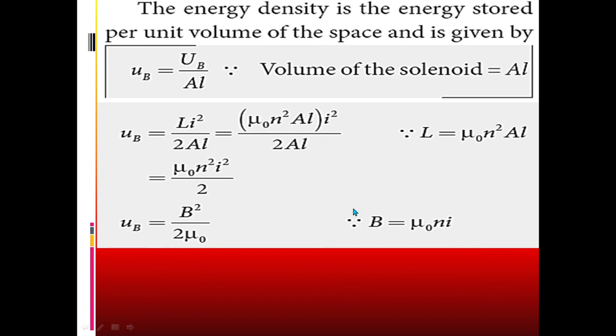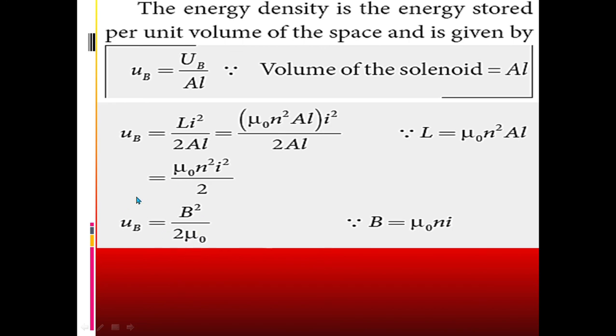Already we know the formula for B, the magnetic field, is equal to mu naught n I. Here we have mu naught n square I square, so this can be written as B square, but here there is only one mu naught, so we divide by mu naught. So small u_B is equal to B square divided by 2 mu naught.